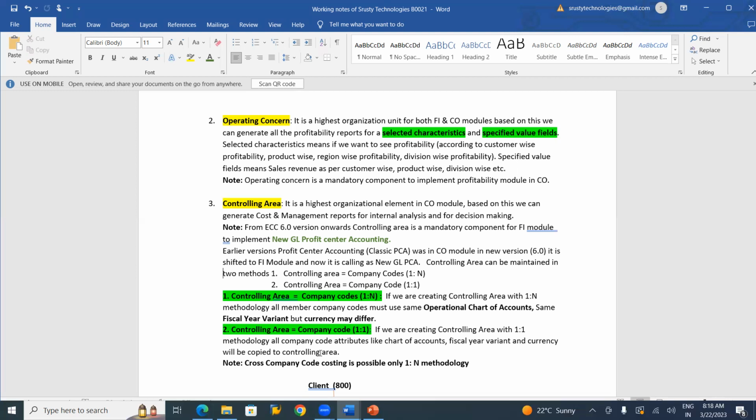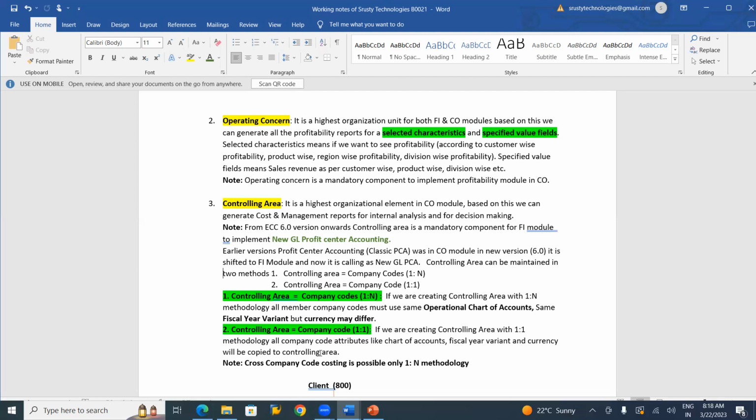Your client doesn't know what you mean by 1:n methodology or 1:1 methodology. What he will say at the time of giving your documentation is that he has 3 company codes. One company code I am using April to March, one company code I am using Jan to December, one company code I am using July to June. Right?